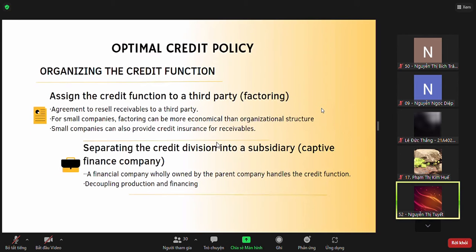About organizing the credit function, there are two cases. Firstly, assign the credit function to a third party, factoring, as in the content on this slide. In this case, a firm that manages internal credit operations self-insures against default.